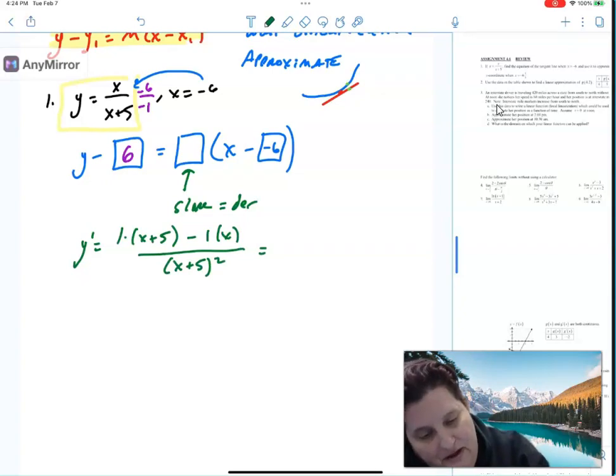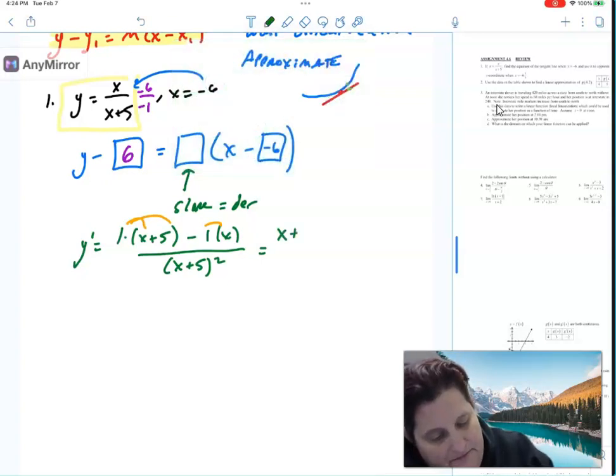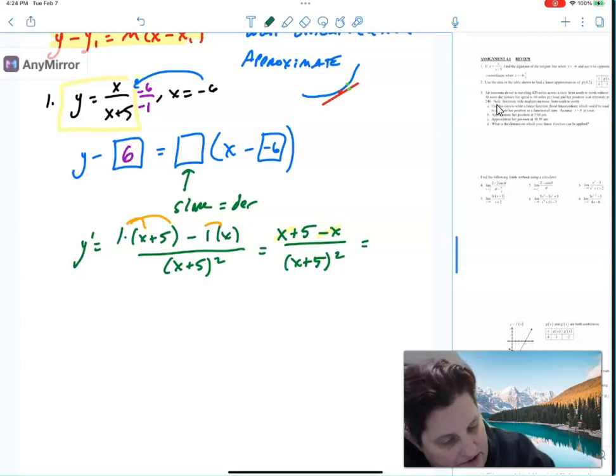So this gives me, you know, these are just ones, but if I were to distribute that, this gives me x plus 5 minus x. And then those x's cancel out. So it's 5 over (x plus 5) squared.